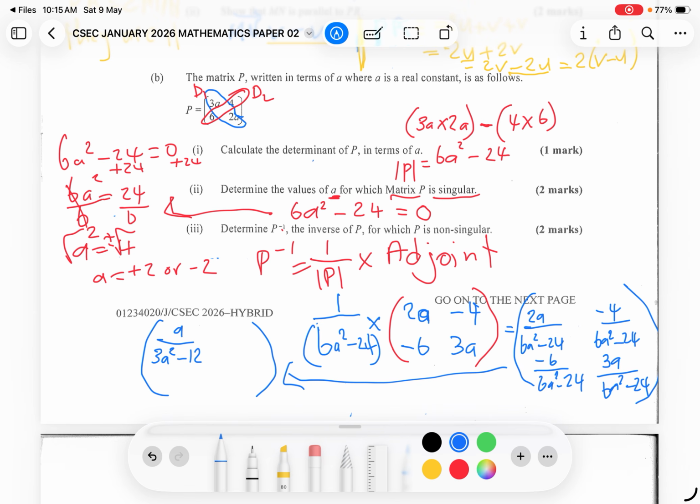Notice I could have factored. So let me just pause here. I could have factored the expression of 6a squared minus 24 by 2 in order to be able to cancel the 2 from the top.